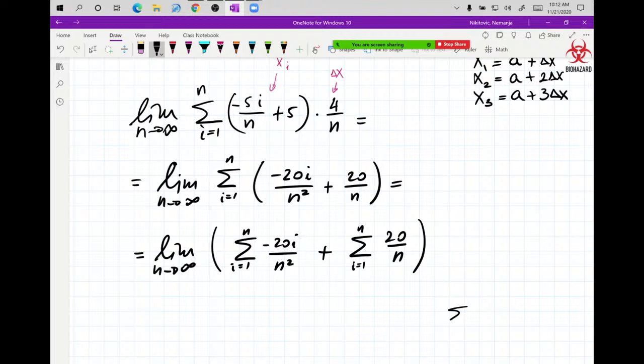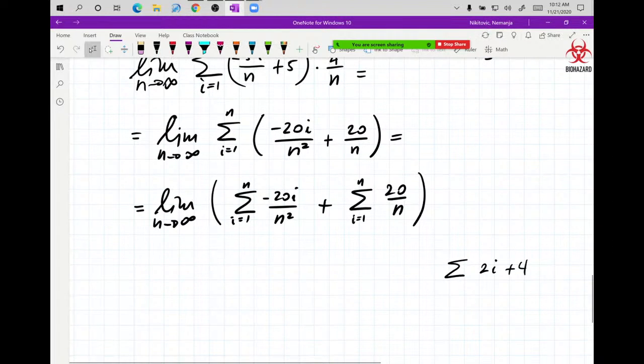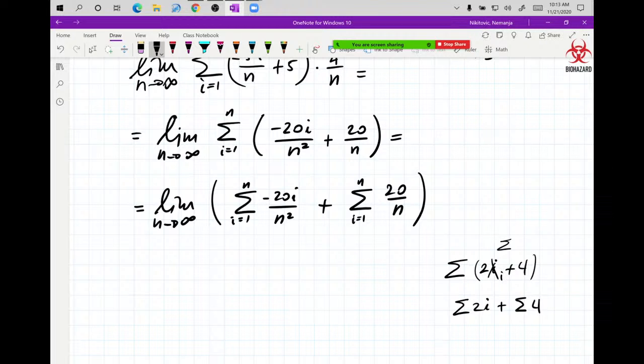So if you have the summation of, let's say, 2i plus 4, and then you distributed it, 2i plus the summation of 4. When you put each one to get its own sum, then technically what you did is, let's call this xi, better.